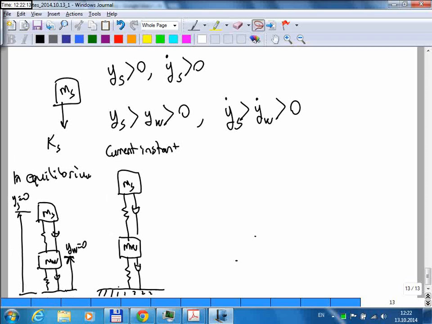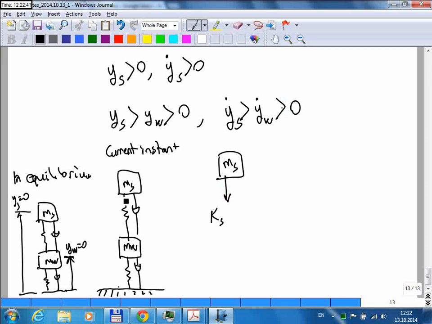Okay, now let me write my forces. So let me bring these here. Okay, so this spring is extended. That means the spring force should be in the down direction. The magnitude should be equal to the spring constant Ks times the amount this has moved from the equilibrium position.